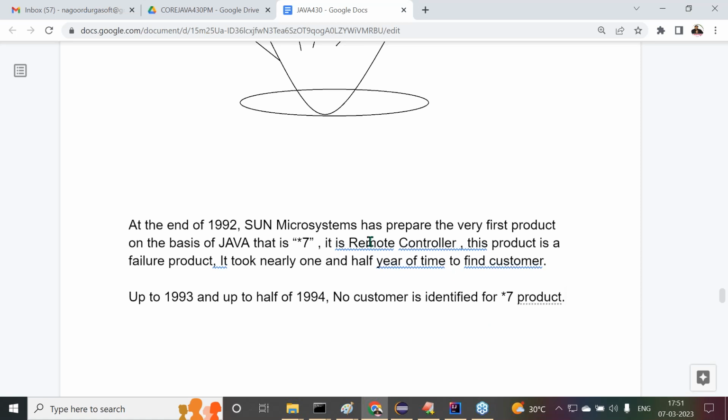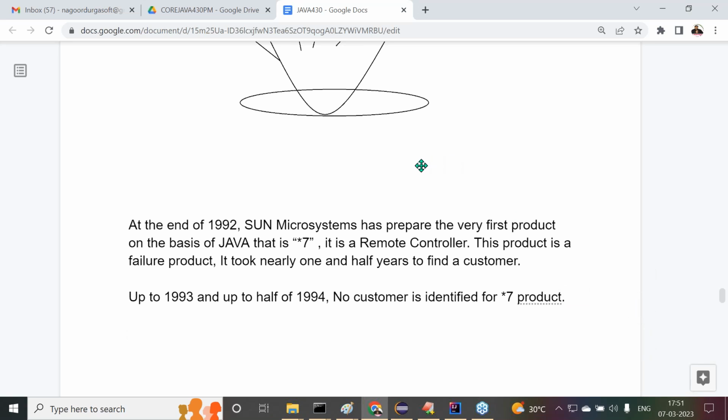Totally, Sun Microsystems was in disappointment. Observe carefully. Yes, sir. Got my point or not? So nearly how much time did they waste finding a customer for the Star 7? 1.5 years. Up to total 1993 and up to mid of 1994, they waited to find a customer for the Star 7. No customer was identified. A failure product.